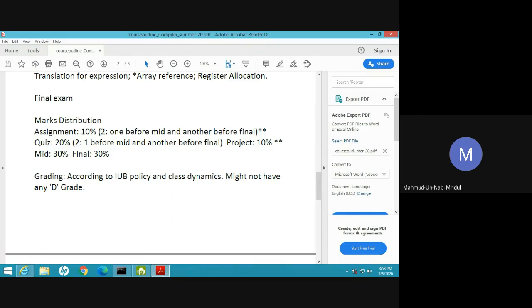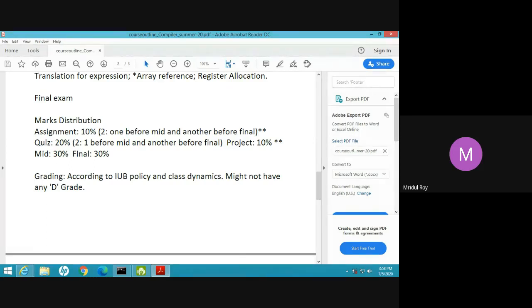Piazza has a limit on uploading files, because if we conduct the lectures for 1.5 hours, the file would be at least 10 megabytes. 10 megabytes is a huge file, and they would not allow posting the videos on Piazza or Google Classroom, I believe. Okay, is that clear to you? Yes, sir.